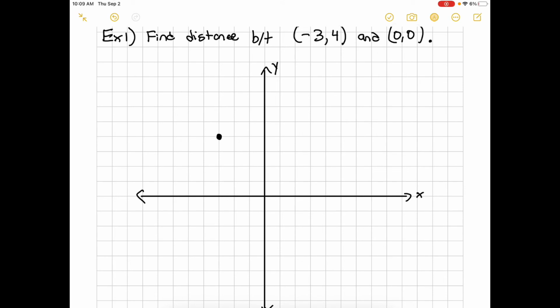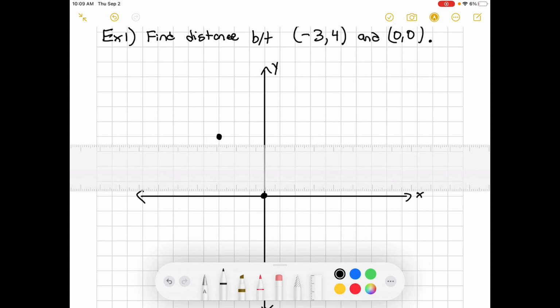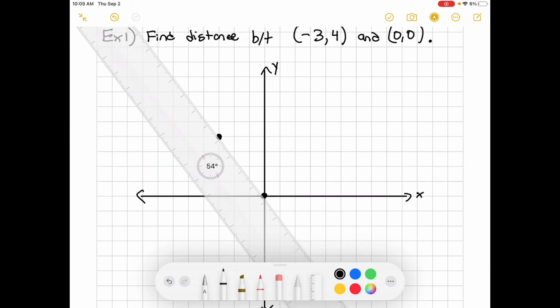And 0, 0 is right in the origin, so here. And what we need to do is find the distance between these 2 points. How far is it from this point to that point, okay?